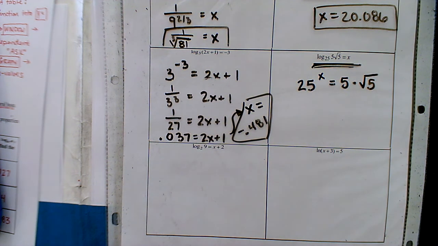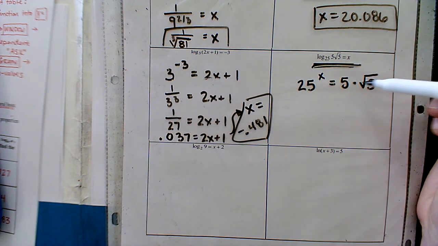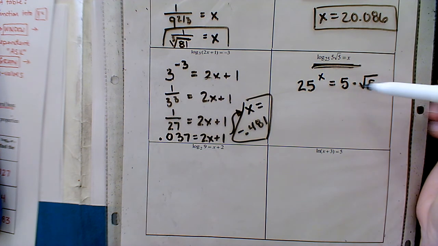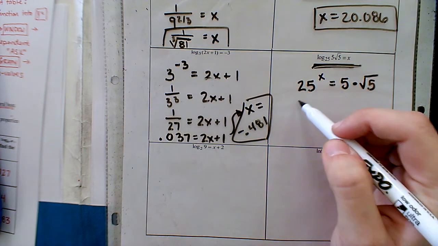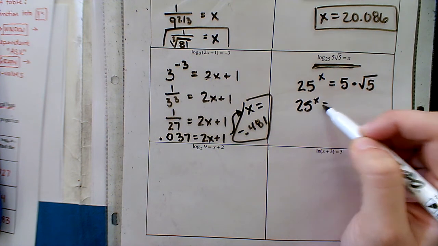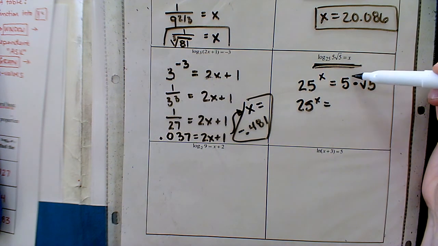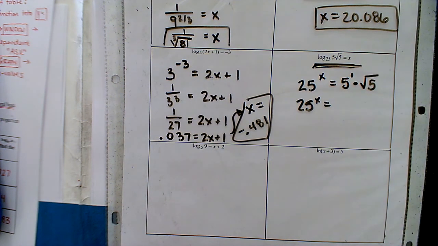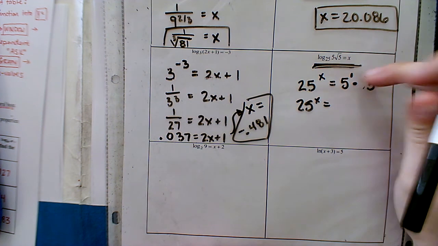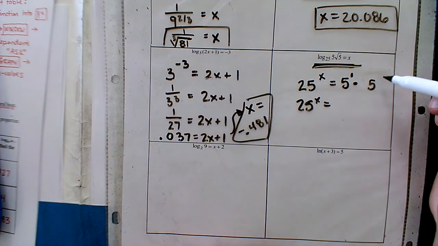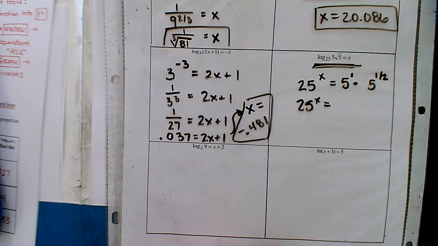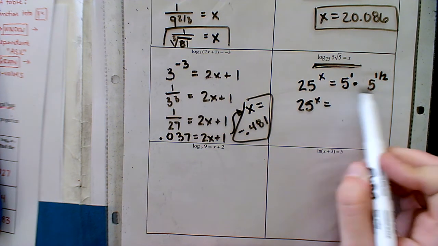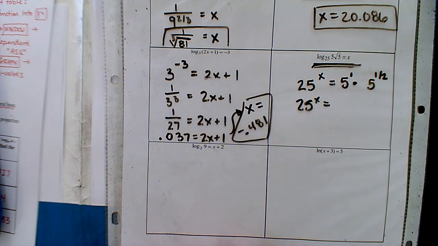Okay, let's see how we can approach this one. I have the same base on the right-hand side, so maybe since I'm multiplying them together, I can combine their powers in some way. The power on my first 5 is 1. Okay, understood 1. What's the power on the square root of 5? I have a half.